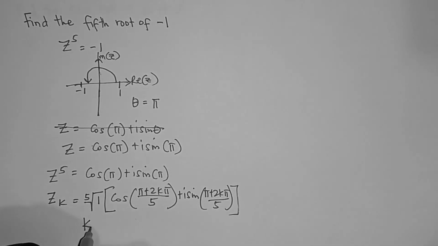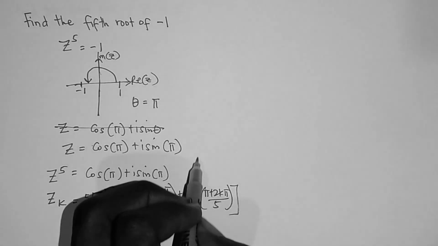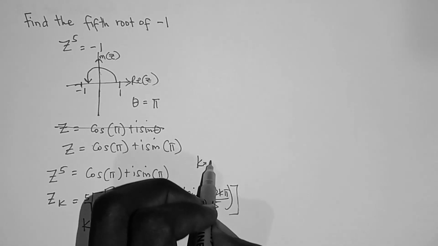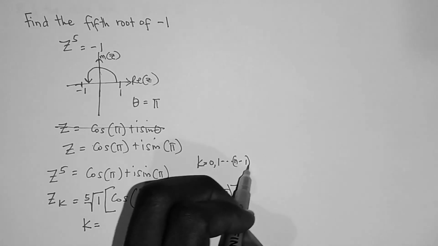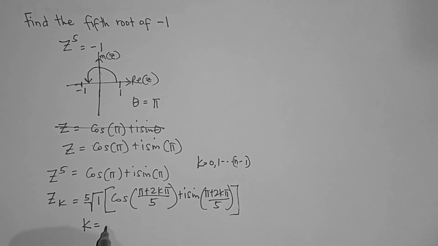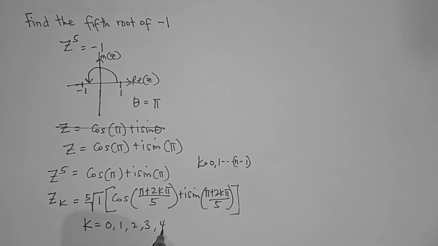However, we can see that the value of k starts from 0, 1 up to n minus 1. So in this case, k is 0, 1, 2, 3, 4. n minus 1 is 5 minus 1, which is 4. So these are the values of k.